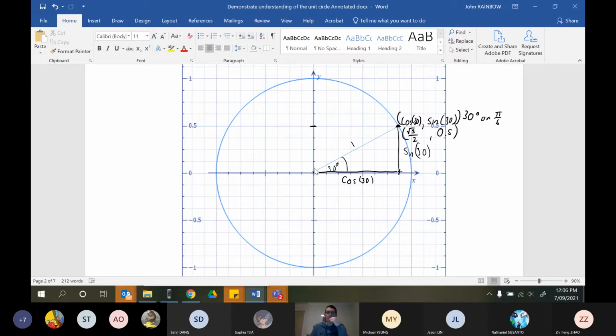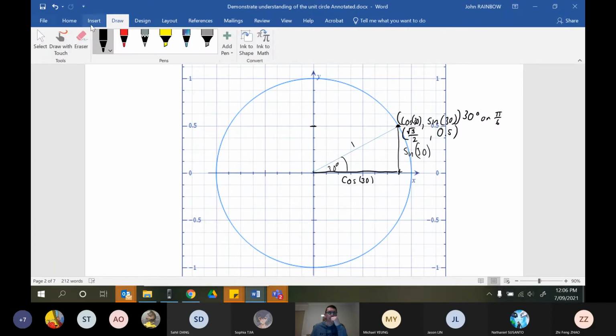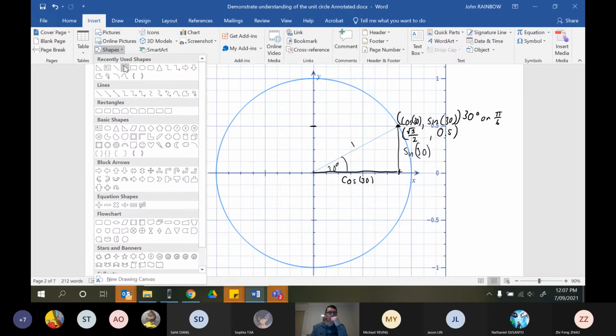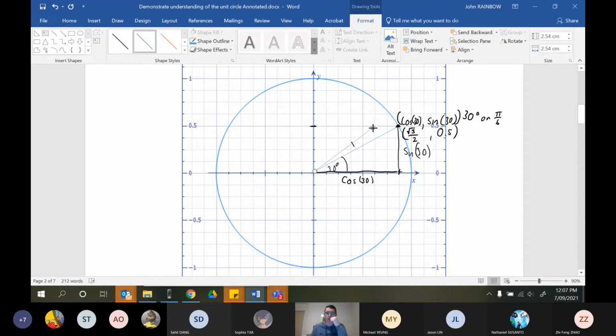Now, if I go up to 60 degrees, I'm just going to put 45 in, and then I'm going to put 60 in after this because it's halfway between the two.